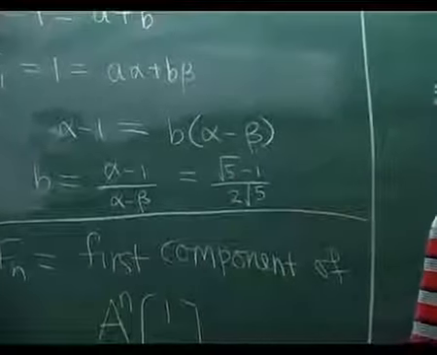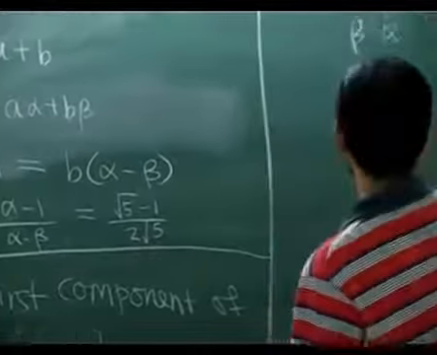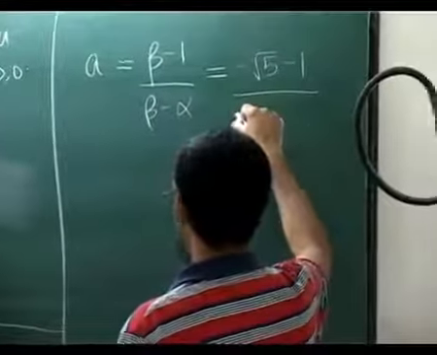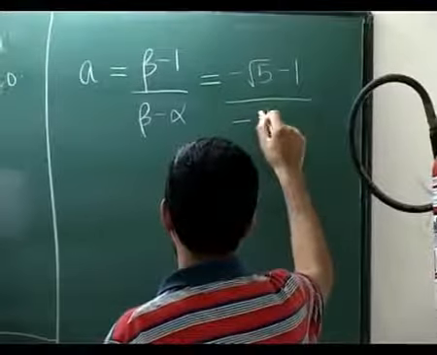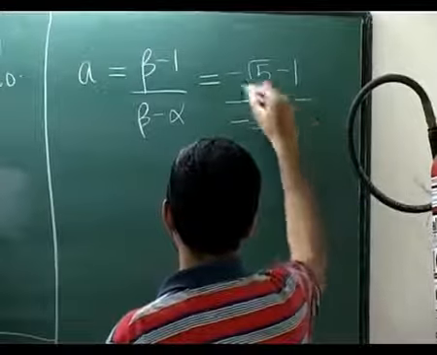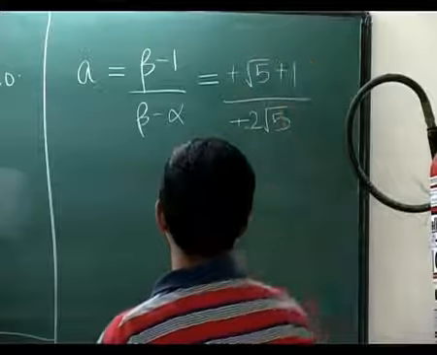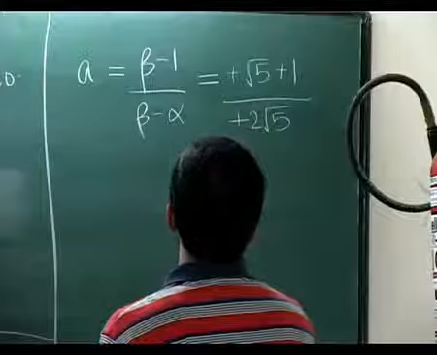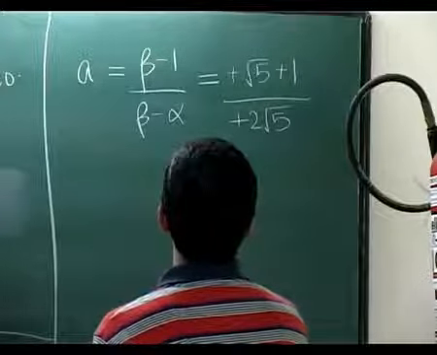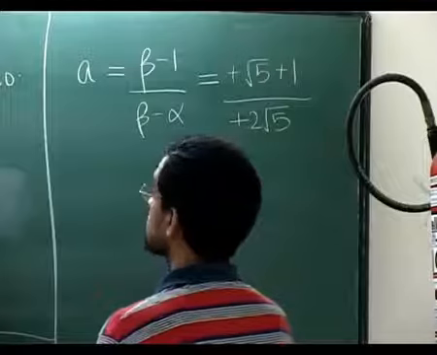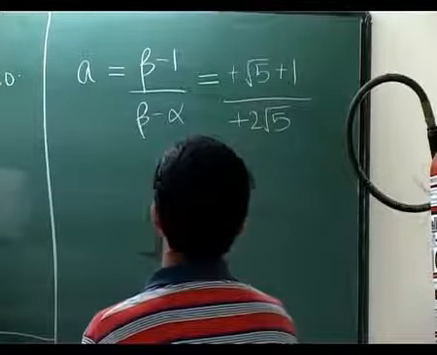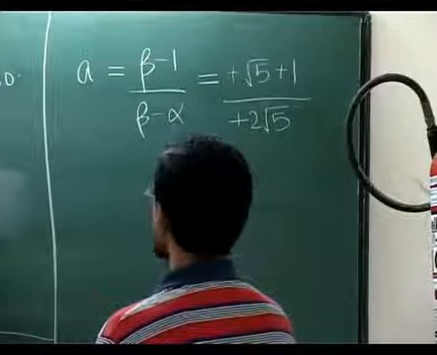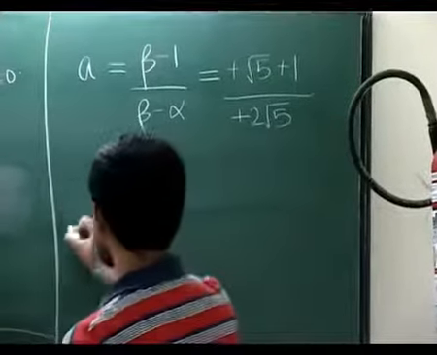Beta minus 1 would be minus (root 5 plus 1) by 2, divided by minus root 5, so it's (root 5 plus 1) by 2 root 5. I was trying to see if I can write it in a cleaner way, but maybe not. So here's the final answer.